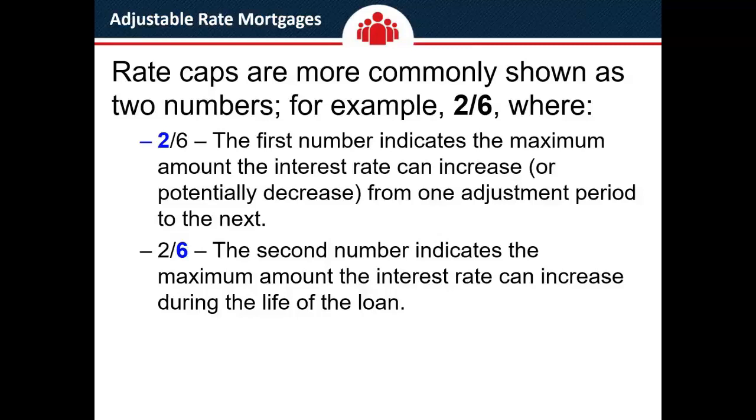The most it can go up to is 8 because it can only go up by 2 percentage points. And then say it adjusts again. What's the most it can go up? Another 2. So that's 2, 2, and 2. It's gone up 6 total. It's capped out. It's at 10. It can't adjust any higher than that. It's reached its max. It's reached its ceiling.